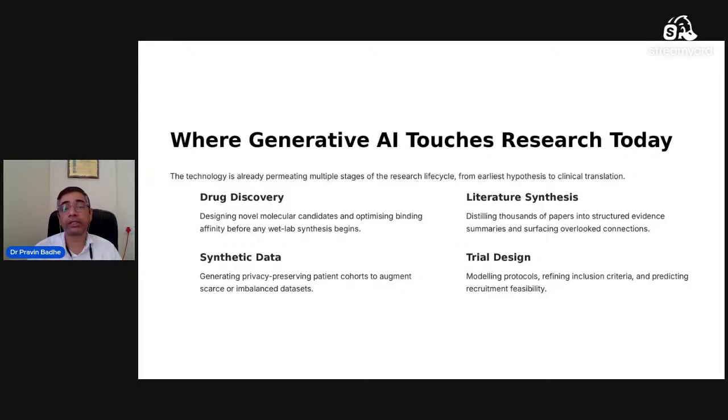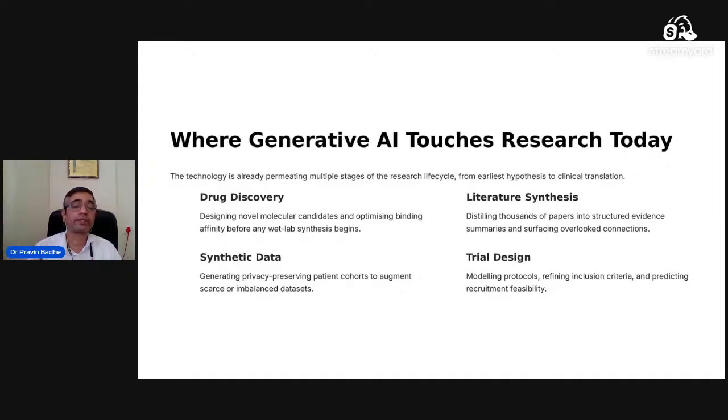The second is literature synthesis. You are going to utilize thousands of papers and get structural evidence from those papers, so that you can build connections between the different molecules, pathways, and diseases. We can also utilize synthetic data, generating privacy-preserving patient cohorts, so that you can augment scarce or imbalanced datasets with synthetic data.